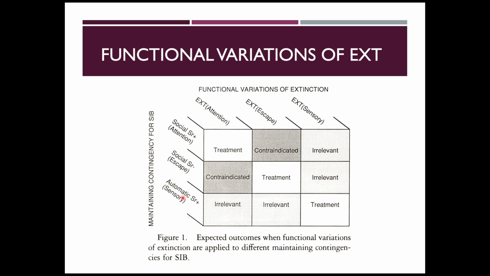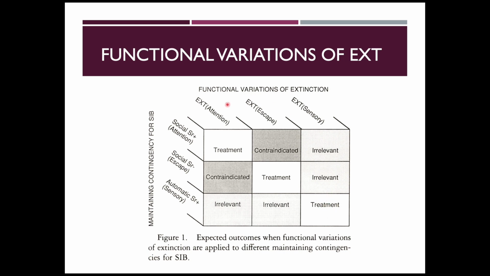If the behavior is maintained by automatic reinforcement, both extinction in the form of attention and escape extinction would be irrelevant. Behavior wouldn't worsen, but it would not change either. Sensory extinction would work.